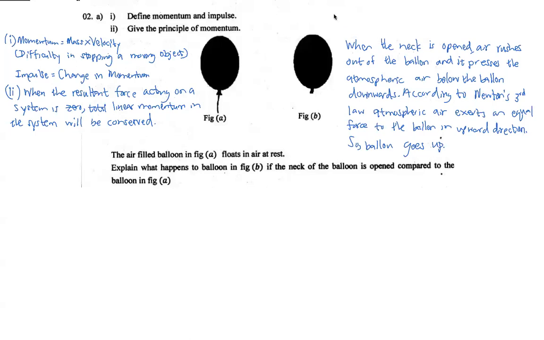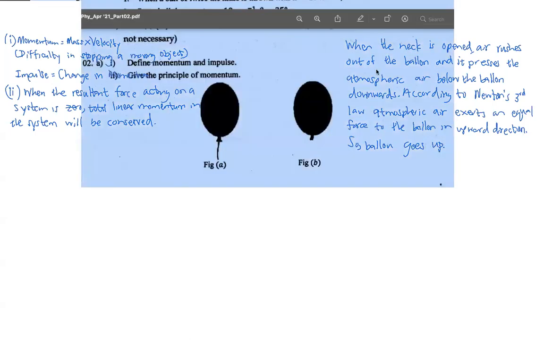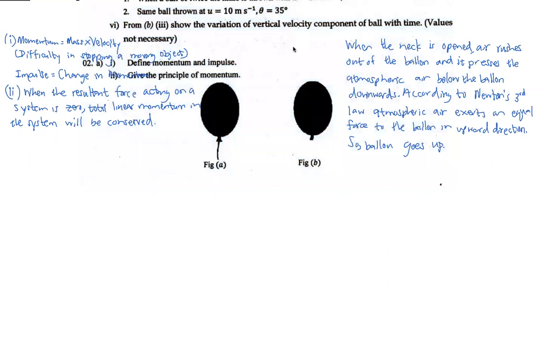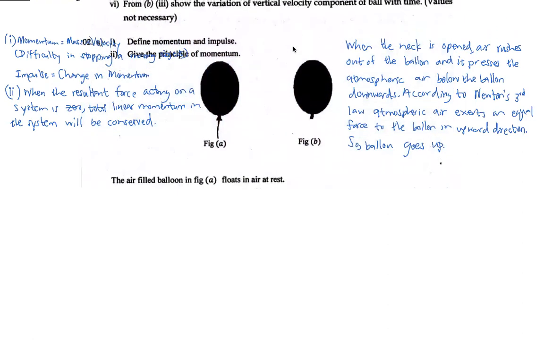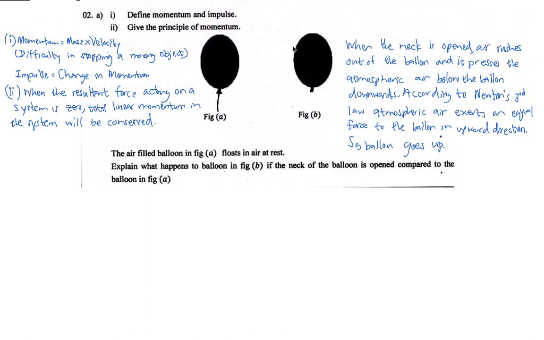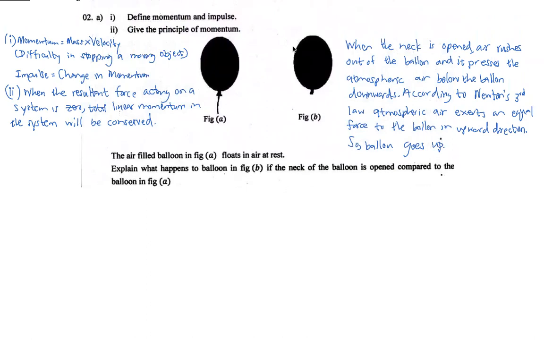Here it will have weight, and that weight is balanced by upthrust, not R. We haven't learned upthrust yet, but in O level I hope you have heard of upthrust. For a perpendicular reaction to happen, the balloon must be on a table or some surface.